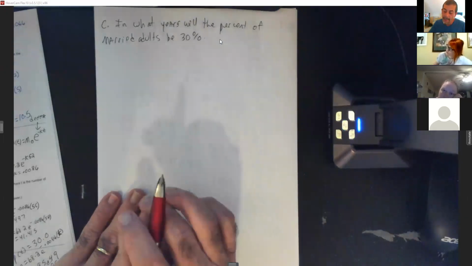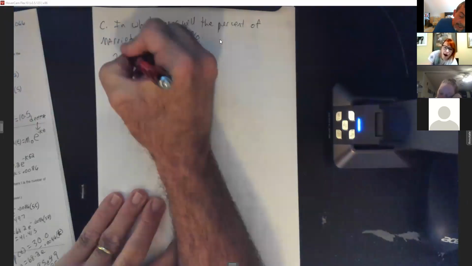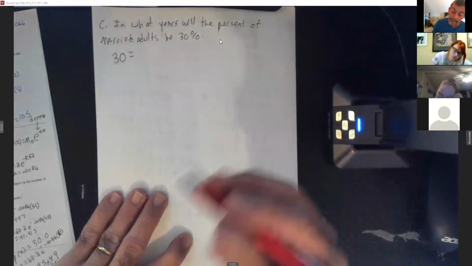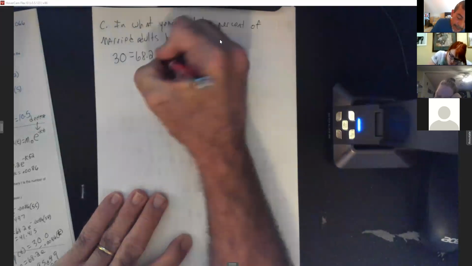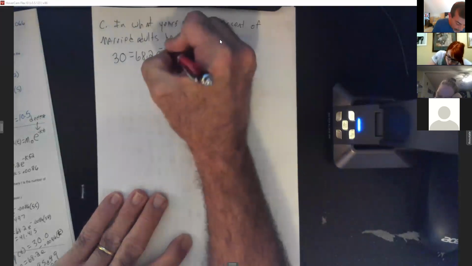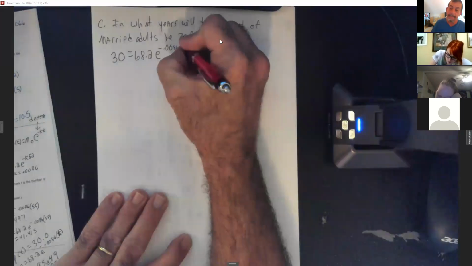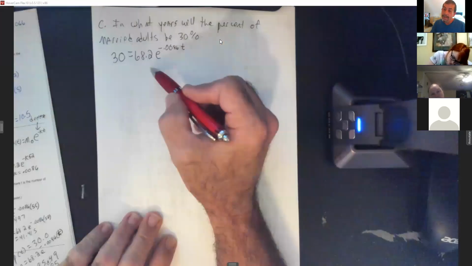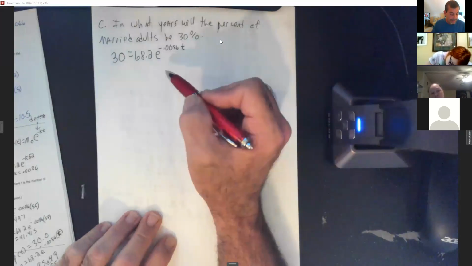And they're saying, when will it be 30%? So 30% will be my ending amount. The initial amount will still be the 68.2, E to the negative 0.0086 times T. What this will give me is how many years. I'll add the years to the starting amount of 1960, and then that'll give me the actual year that this will happen.